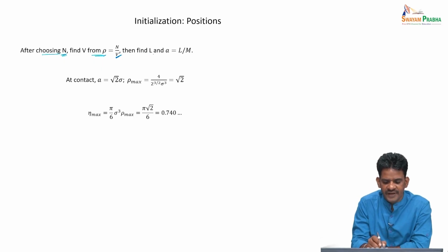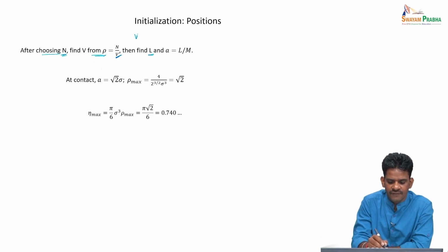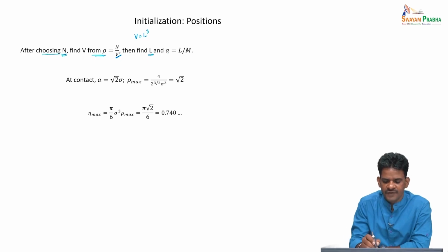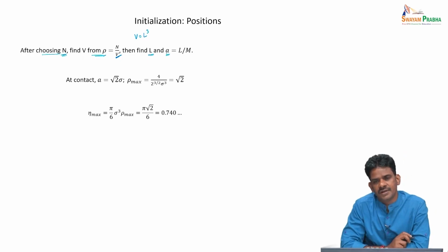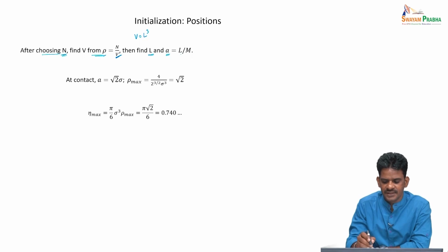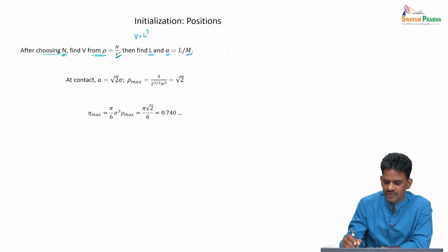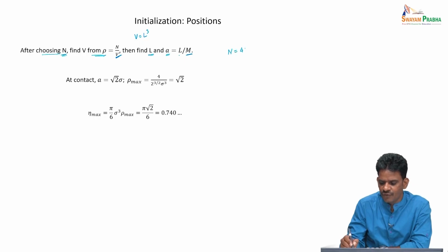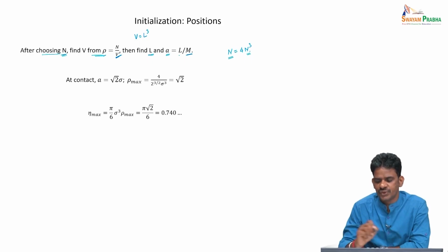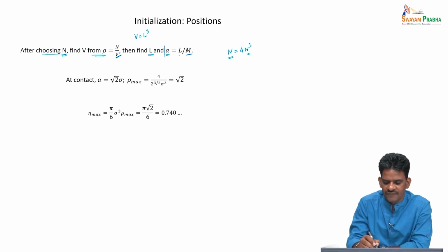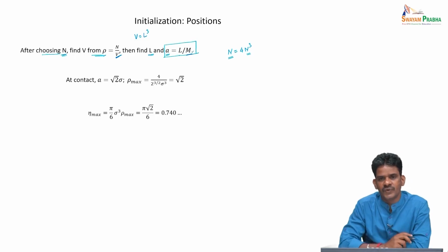From the volume, we can find L, because V is nothing but L cubed, and then we can find the edge length of the FCC unit cell as L by M, and M is also known because if N is known, N should be related to 4 times M cubed. The moment I say what N is, the number of unit cells in each direction is also known. So, using this, we can find the edge length of the unit cell.